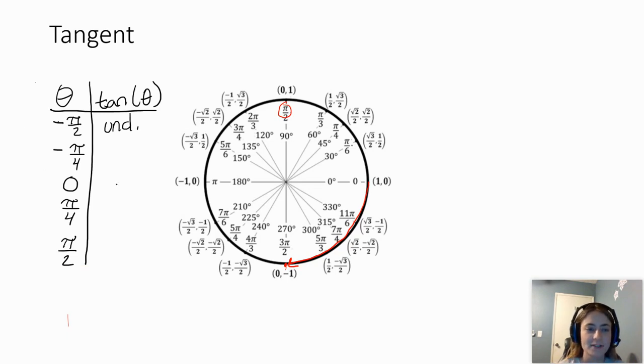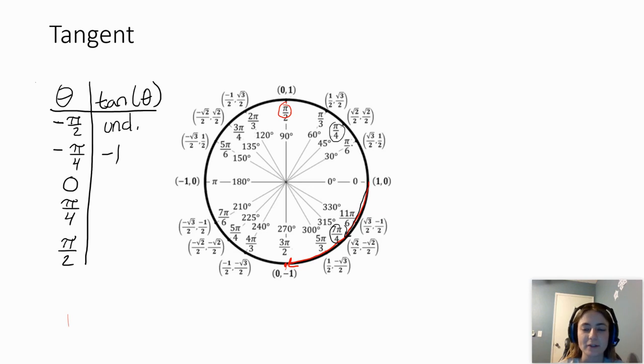And then we can do the same thing for negative pi over 4. So here's pi over 4. If we want negative pi over 4, we would move clockwise to here. And we see that the x and y values is root 2 over 2, negative root 2 over 2. And we take the ratio, y over x, that'll be negative 1.